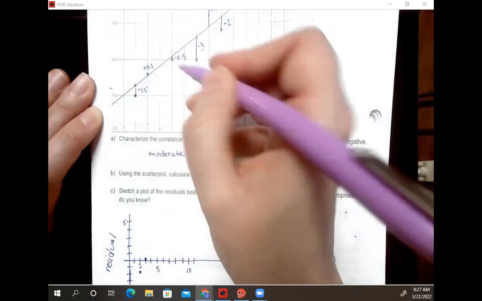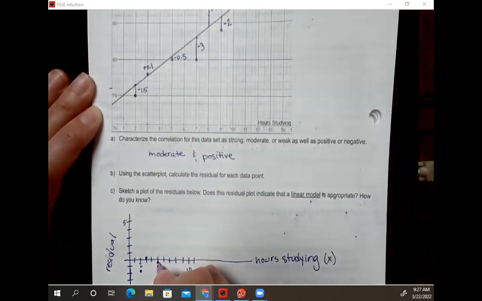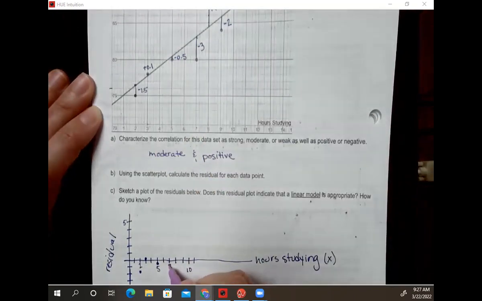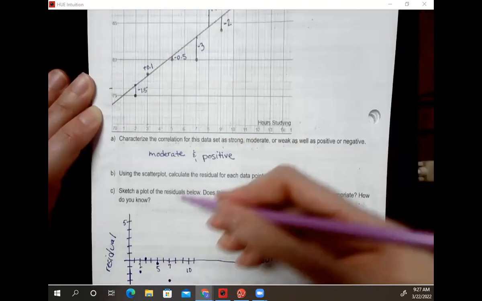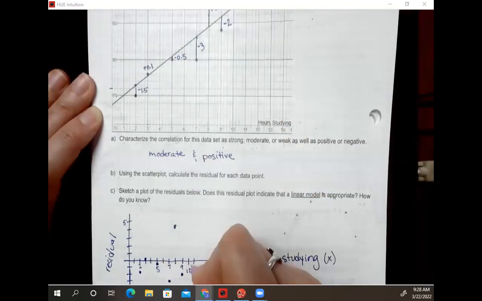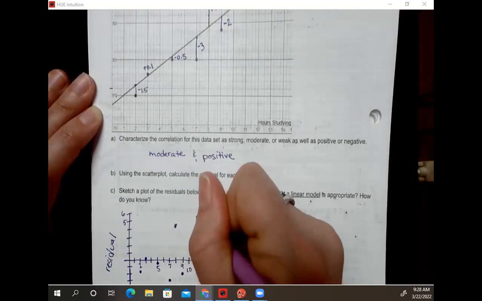At 7, we're at negative 3, so 1, 2, 3. At 8, we're at positive 4.5, that'd be about there. At 9, we're at negative 2, so here's 9, 1, 2. And then at 11, we're at positive 5.5, so 5.5 would be here-ish.